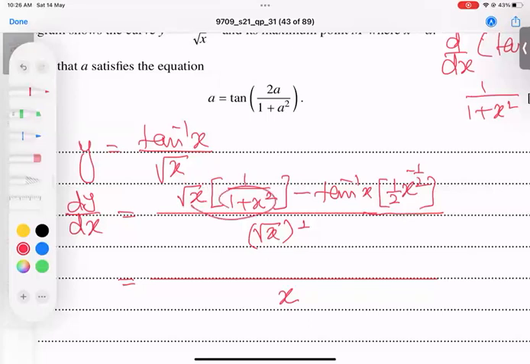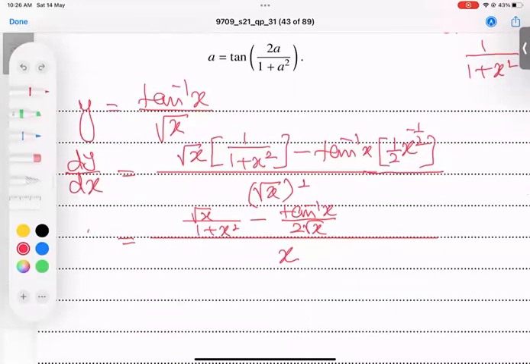So indirectly, I'm writing root x over 1 plus x squared, and minus this turns to be tan inverse of x over 2 root of x. How come? Because negative half, when you bring it to the denominator, becomes this shape. Okay, now the derivative is mentioned here.